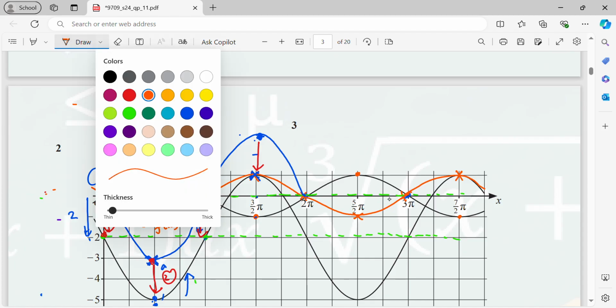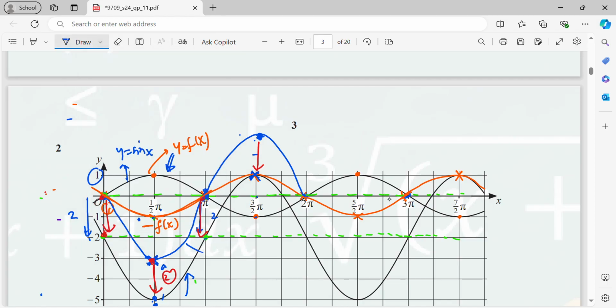Then the blue one, because of the scale factor 3, is basically minus 3 f(x), because initial was minus f(x). After that, you move down the graph. When you move down the graph by 2 units, it becomes minus 3 f(x) minus 2.